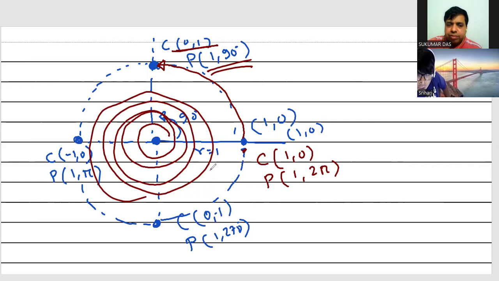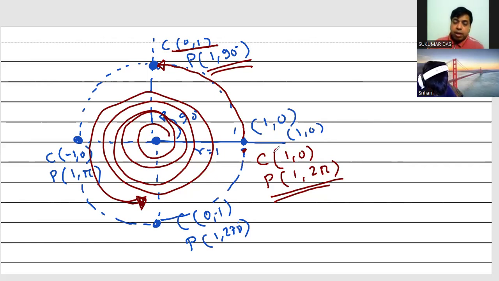So the polar angle would go to 4 pi, then 6 pi, and continue. Here we are assuming that the radius is constant. But Cartesian will repeat itself.